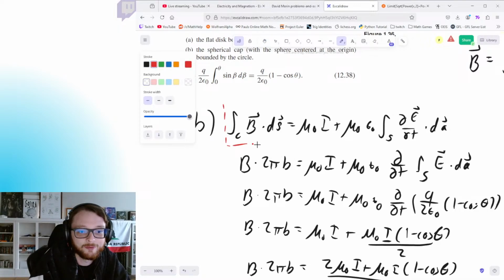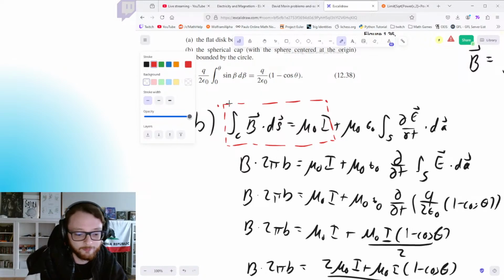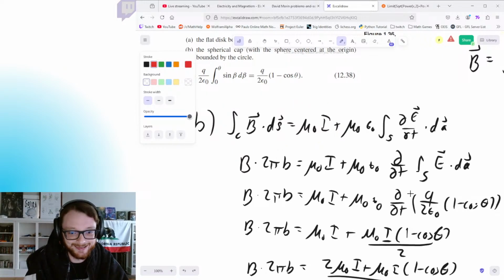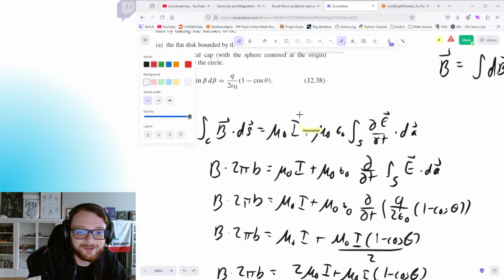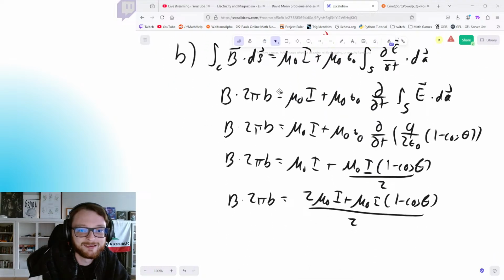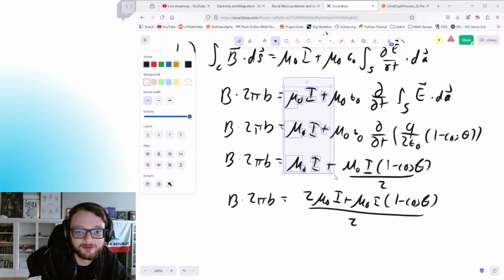Yeah, because this piece is just the regular Ampere's law that we know and sort of love. The regular Ampere's law that we're supposed to know, and some of us know it, but some of us don't. So we can say that. I wasn't realizing this was going to be 0. Yeah, I didn't either.